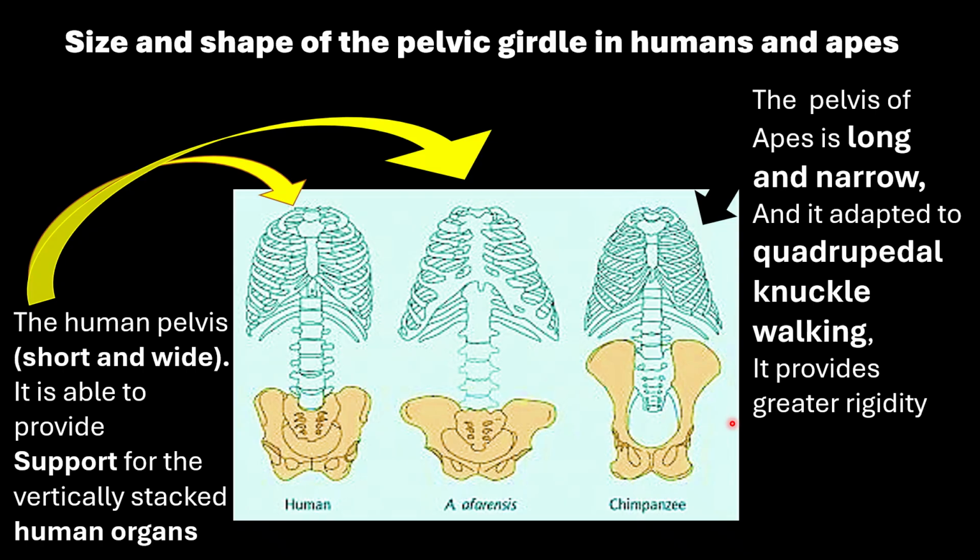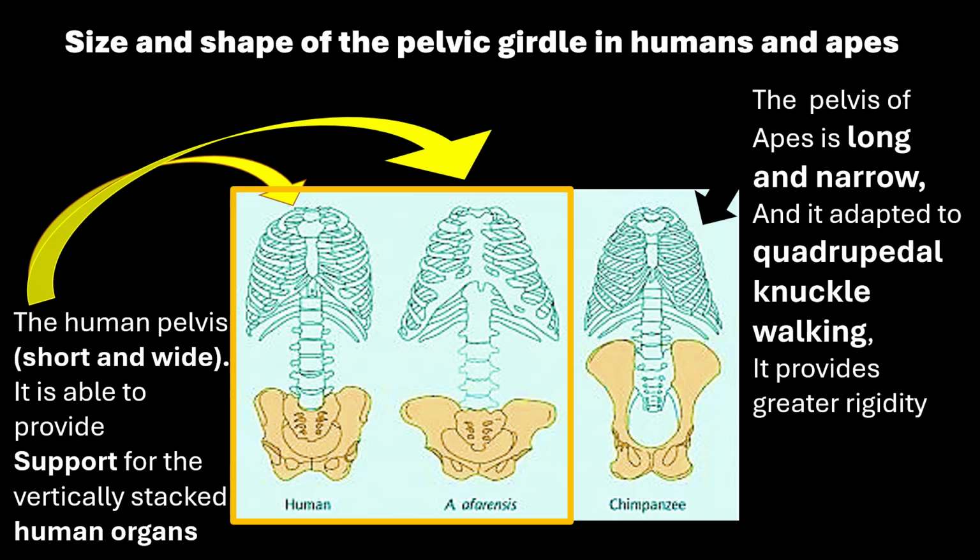So that is the explanation. There's a reason we have a short and wide pelvis to support our organs, which are vertically stacked. And for apes that are quadrupedal, their pelvis is long and narrow to provide rigidity for quadrupedal movement.